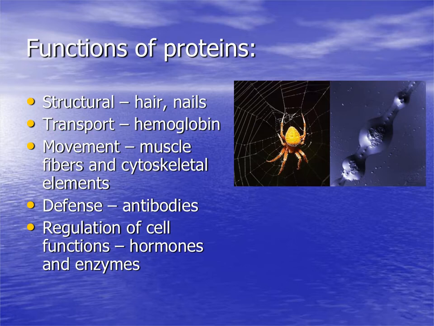Transport. Proteins also transport. What do proteins transport? Well, hemoglobin, we talked about sickle cell. This is the protein that gets messed up in sickle cell disease. Hemoglobin carries oxygen. When you don't have enough oxygen in your blood, we call that anemia.